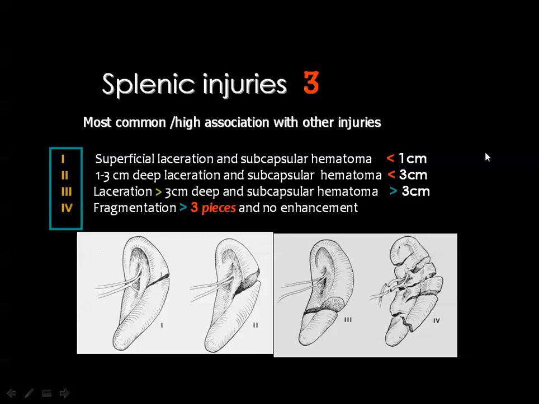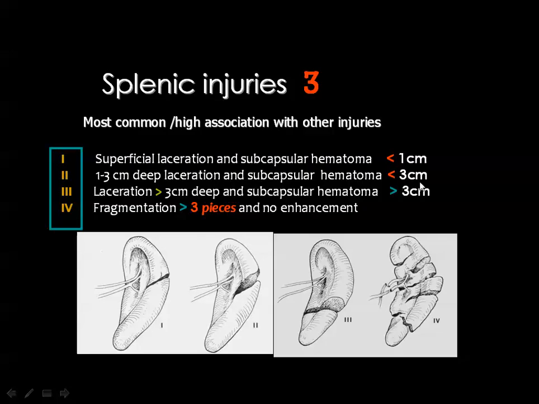Then the grading of splenic injuries includes grade 1, which is a superficial laceration and subcapsular hematoma less than 1 centimeter. Grade 2 is a laceration above 1 centimeter and below 3 centimeters deep, with subcapsular hematoma.